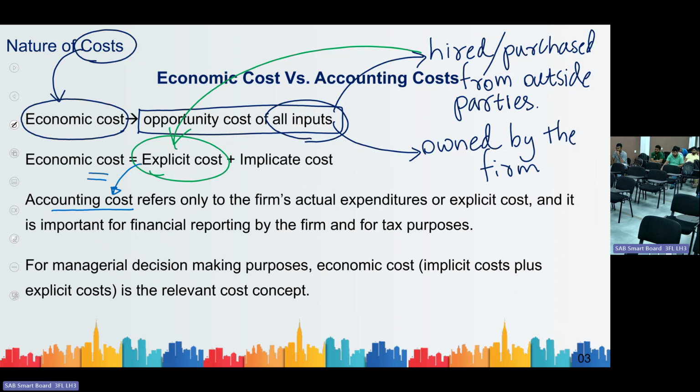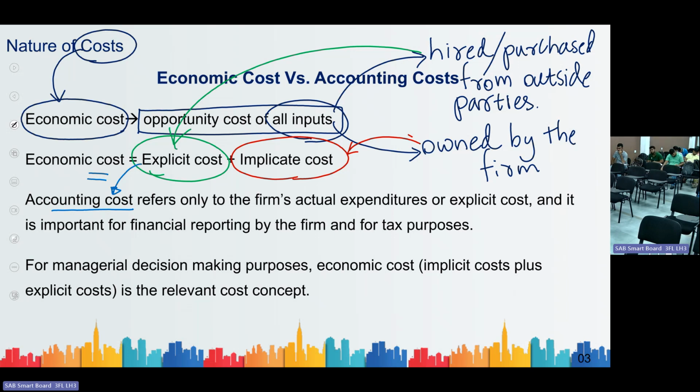Because of owned resources, owned machinery, owned buildings, firms consider a cost which is implicit cost.